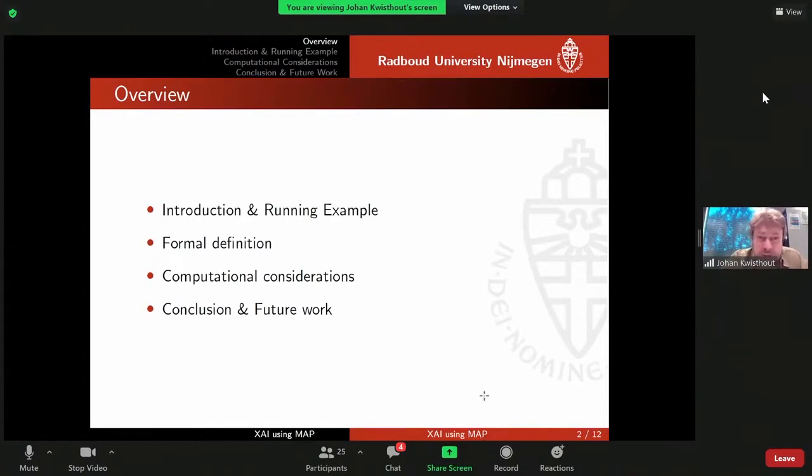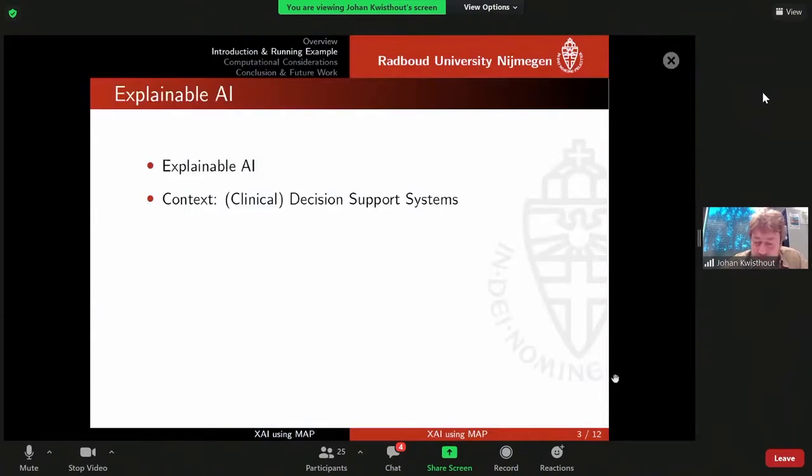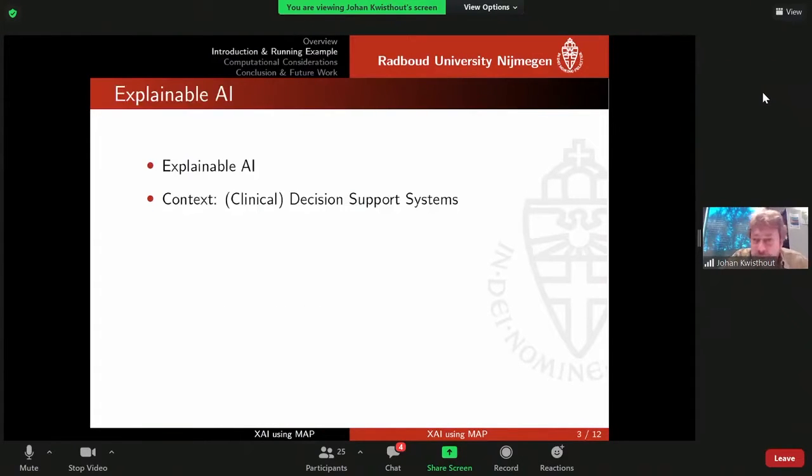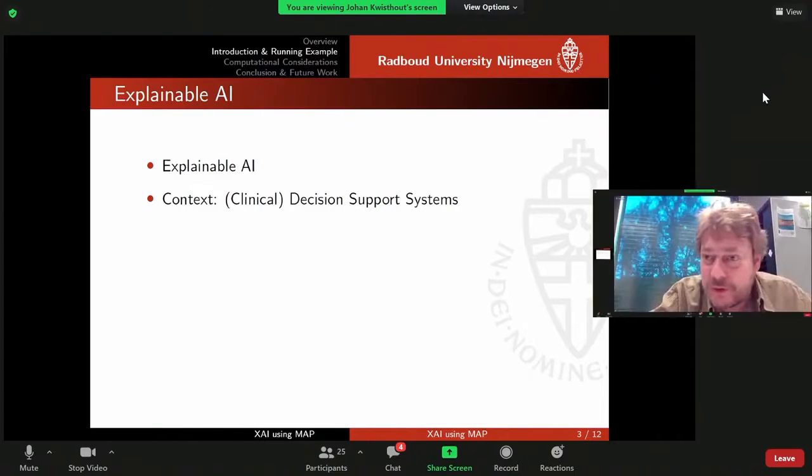So this was basically the overview slide that gives you the overview of the talk. Okay, so the topic here is explainable AI, and as Celia already indicated, it's a hot topic in artificial intelligence. It's becoming more and more relevant. AI models are, to some extent, in some areas, surpassing human capacity.